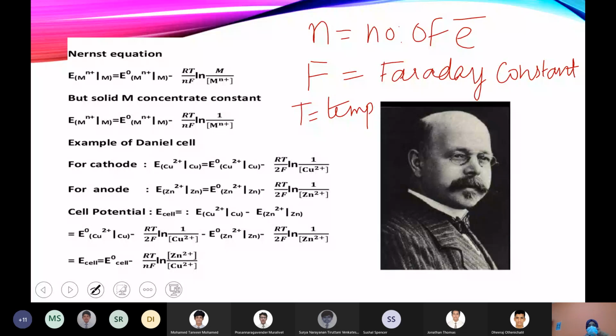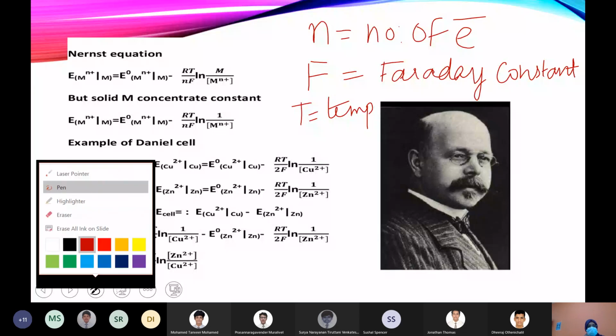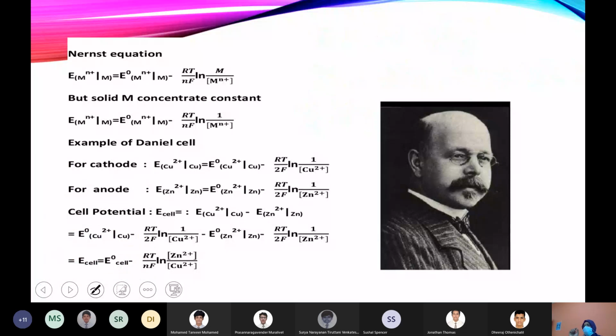When you write any electrode potential, as we discussed already, it automatically means reduction potential. For that, you have to always write it as a reduction reaction. Okay, ma'am. Got it. That's why we always write in this way, because electrode potential is expressed as reduction potential.